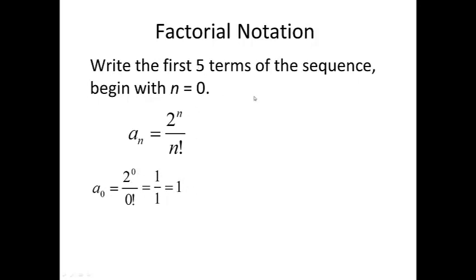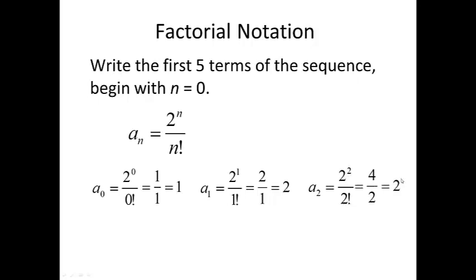So I need 4 more. I want 5. So I plug in the 1, and I get 2 to the 1 over 1 factorial, which is 2. And if I put in a 2 for the third term, 2 squared over 2 factorial is 2. So I have a 1, 2, and a 2.